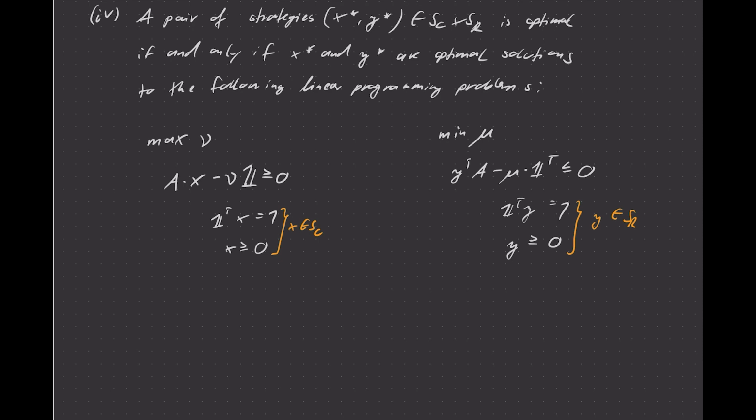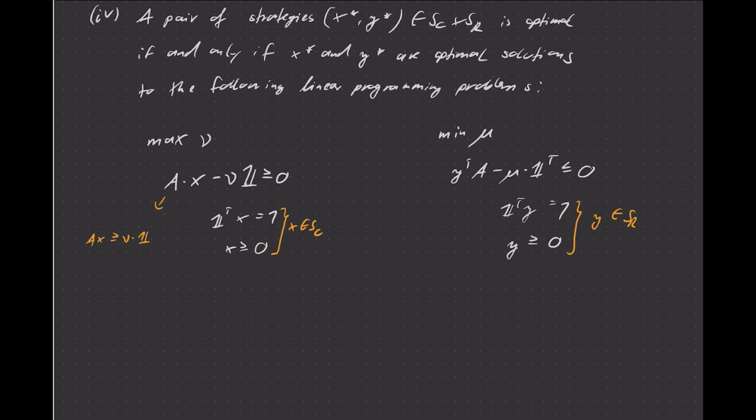Now what does this condition here mean? What this says is Ax is at least nu times the all ones vector. So each row of Ax is greater or equal to nu. But what does that mean?